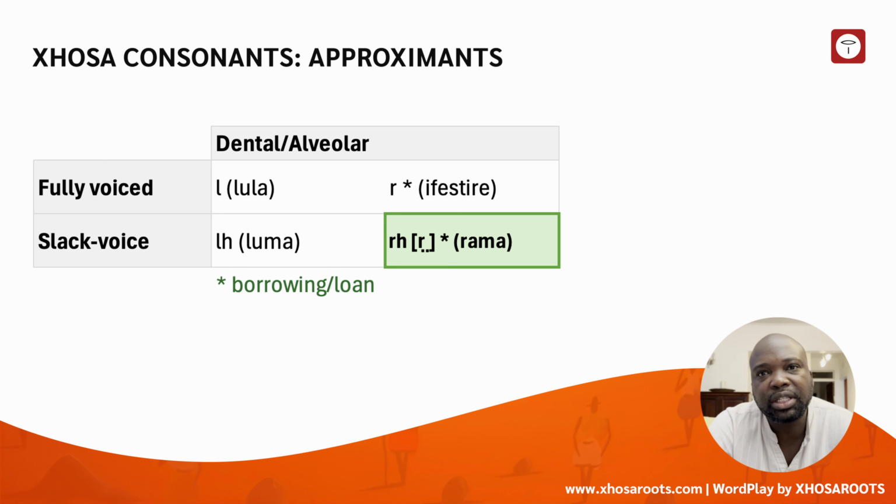I remember my daughter, Singwe, my eldest daughter, she used to sit with me initially when I used to work on the Xhosa Roots Dictionary, and I was always fascinated by how she pronounced R herself.